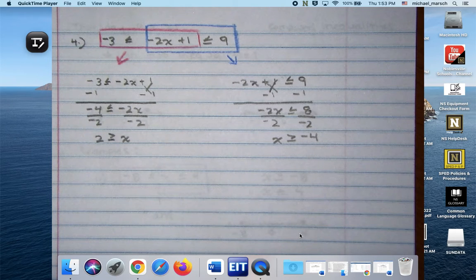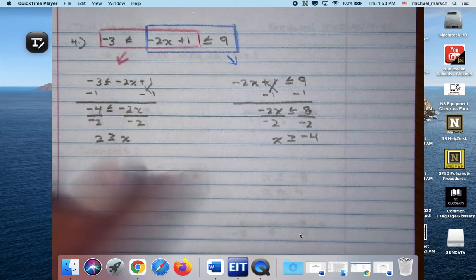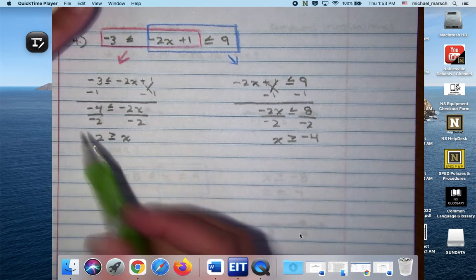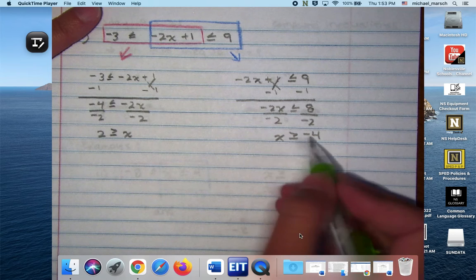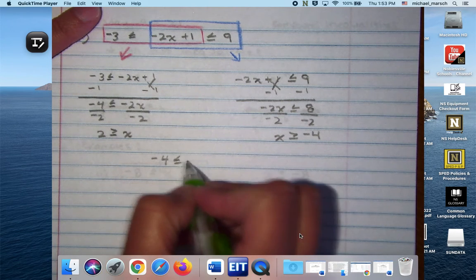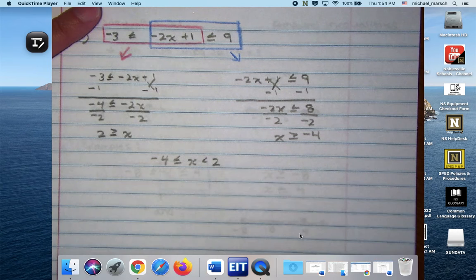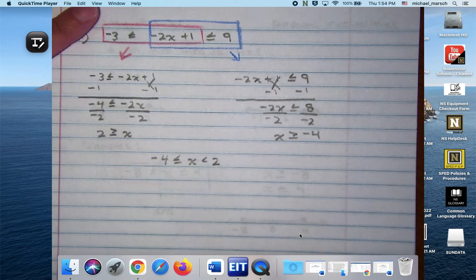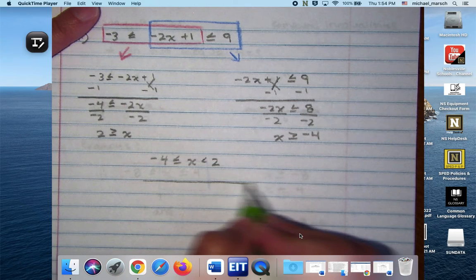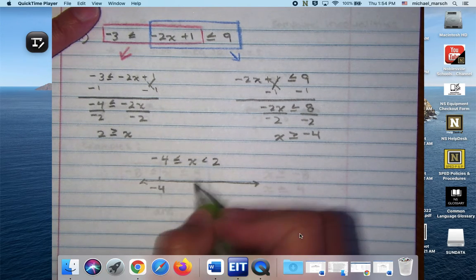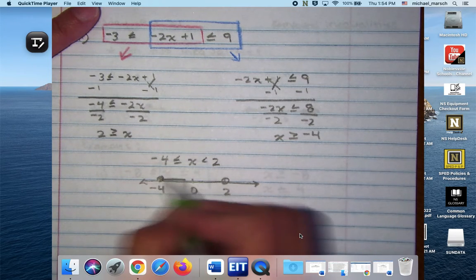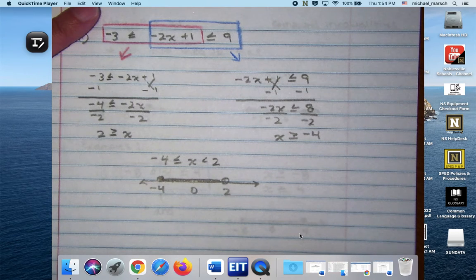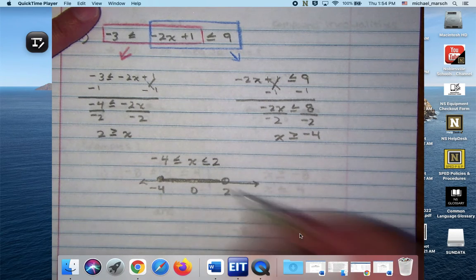I wish these desks were bigger. Yep. Okay, so I had to flip the sign because I was dividing by a negative here. So these look a little strange, but it's the same idea. I still have x is greater than -4, and x is less than 2 when I combine them into one inequality. And then I'm going to graph it. Shouldn't it be less than? There we go. Thank you.